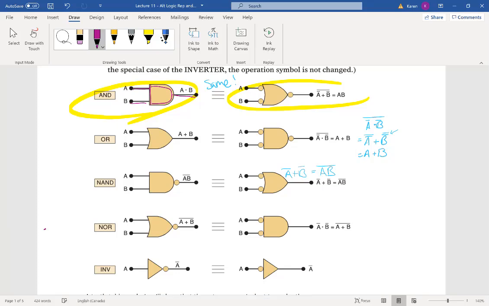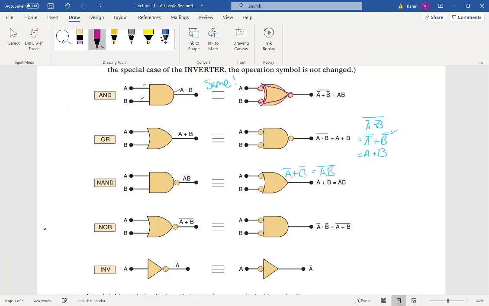You have to change the shape of this gate in the middle, make it an OR shape instead. Then if the inputs were not inverted, you have to invert them, and if the outputs were not inverted, you have to invert them. So you have changed the shape in the middle, and these were not inverted before, and now I'm going to invert them.